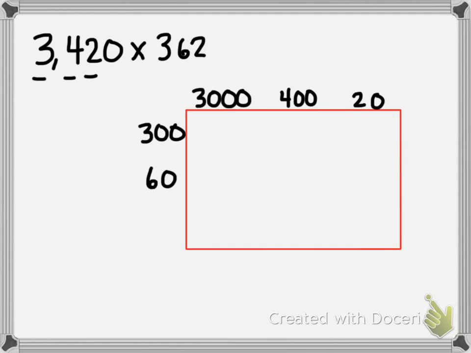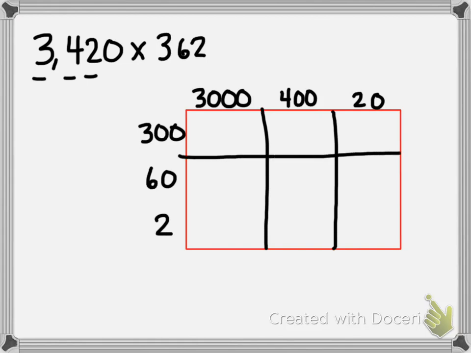And I have 2. And then all I'm doing is making a line to divide my thousands, my hundreds, my tens, and my ones. So this one has a few more problems to multiply, but again I'm just doing 300 times 3,000, 400 times 300, 20 times 300, and so on.